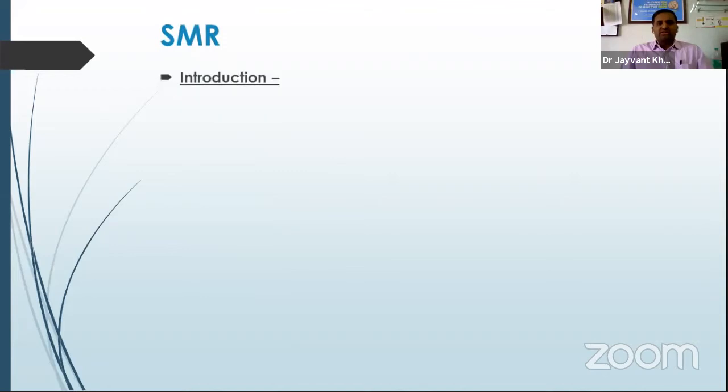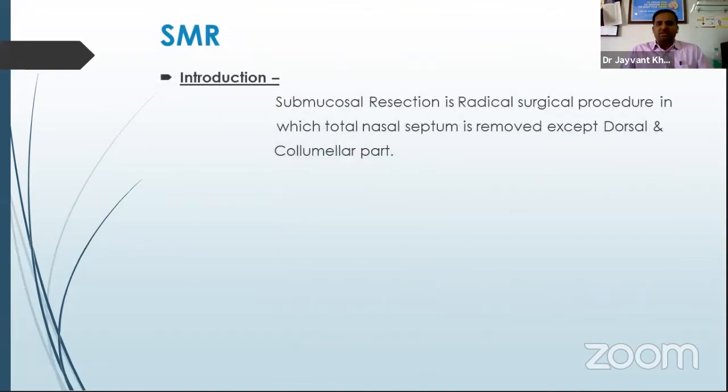SMR, submucosal resection, introduction. Submucosal resection is a radical surgical procedure in which the total nasal septum is removed except the dorsal and columellar part. We will see it later. A 1 centimeter width of dorsal and columellar part is left. Indications: severe nasal obstruction.